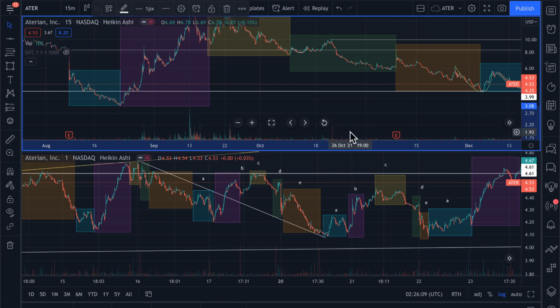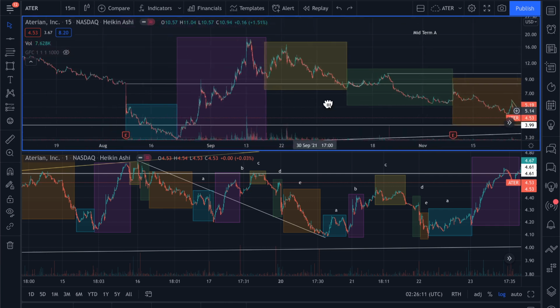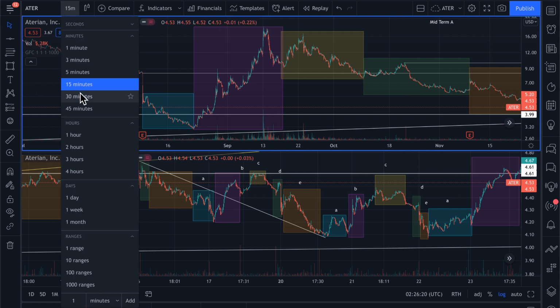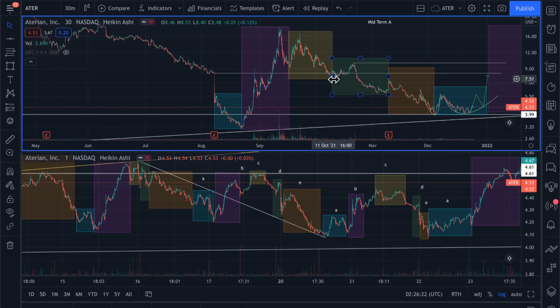All right, so this one's kind of tricky because you should, at least at this point, if you're in the stock, know this region very well. This is when the major buy-in happened. The OBV went crazy. I'm going to go to 30 minutes so you can just see it all.